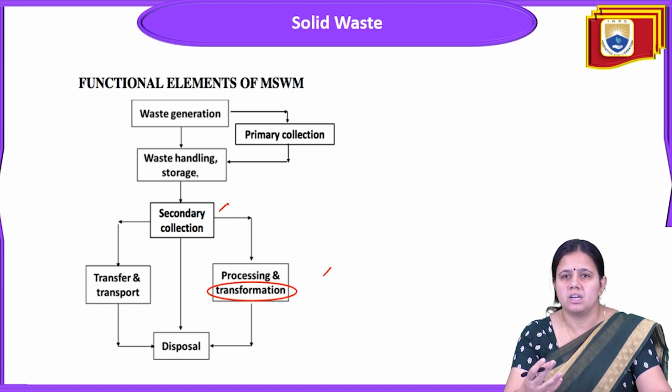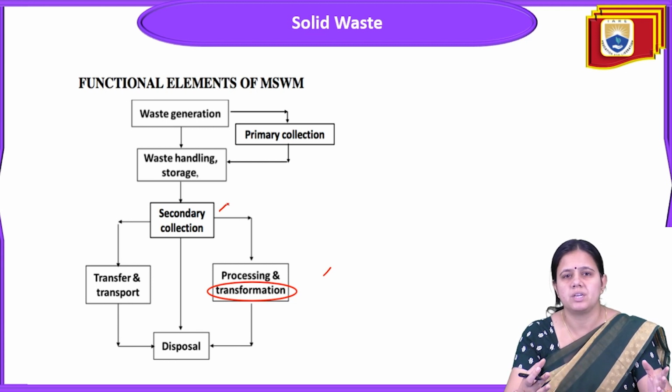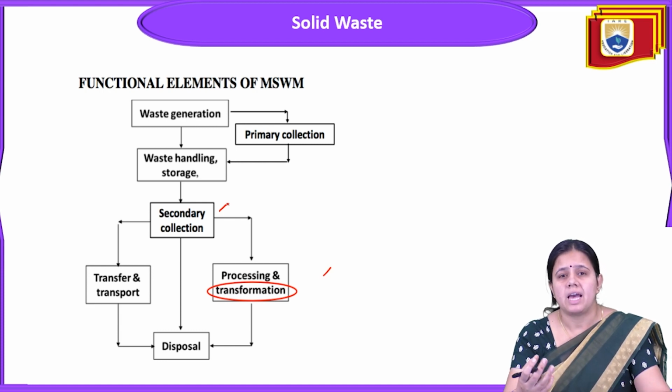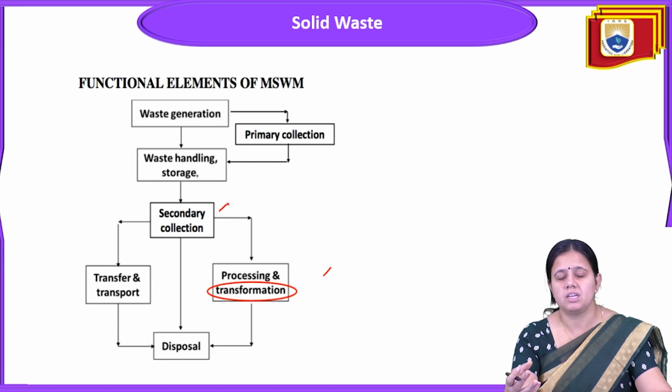From this handling and storage location, the secondary collection system comes in, with curb collection and alley collection systems. From the secondary collection system, waste hauling vehicles come and collect the waste, and they go for transfer and transport.